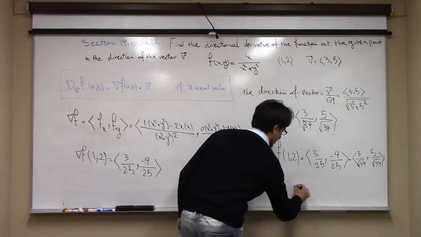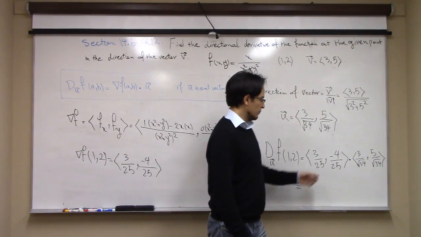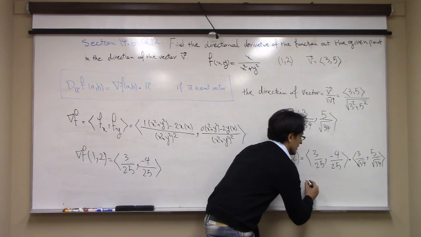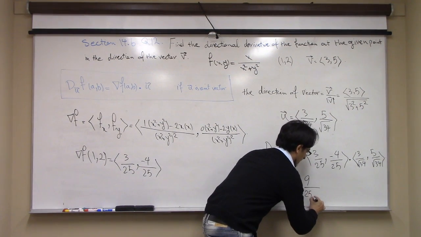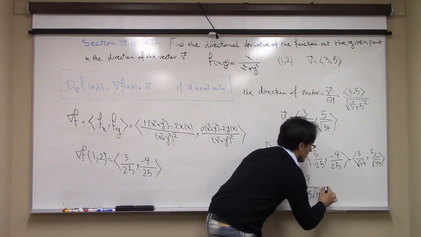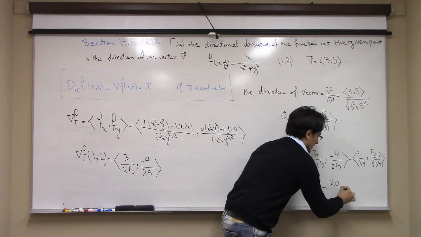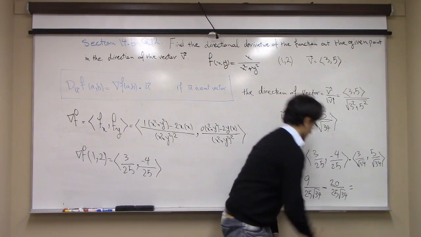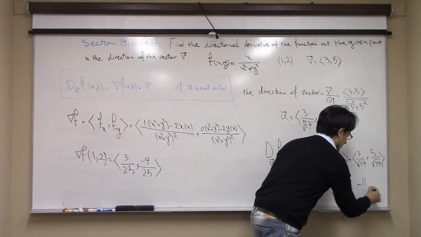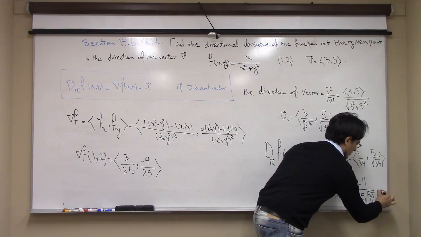For the dot product, we all know you multiply the corresponding components and add them. So I have 3 times 3, 9 over 25 root 34, minus 20 over 25 root 34, which gives me minus 11 over 25 root 34.